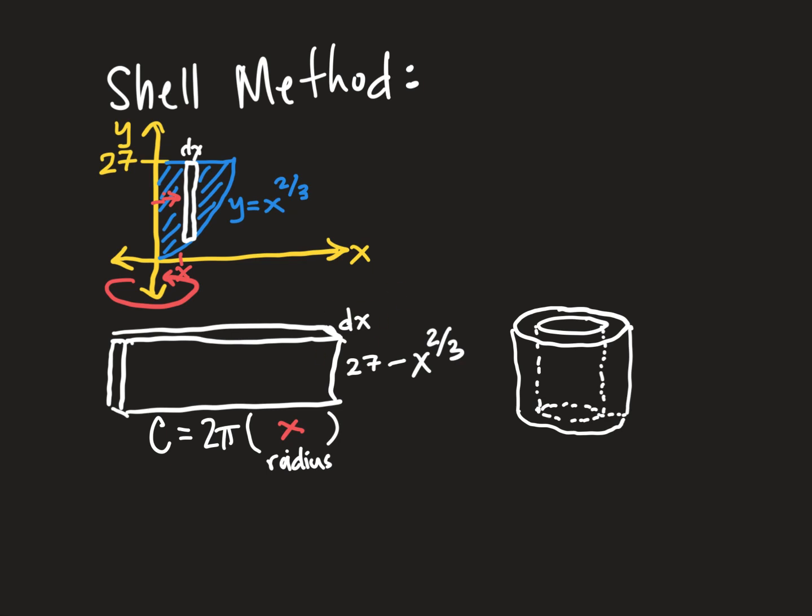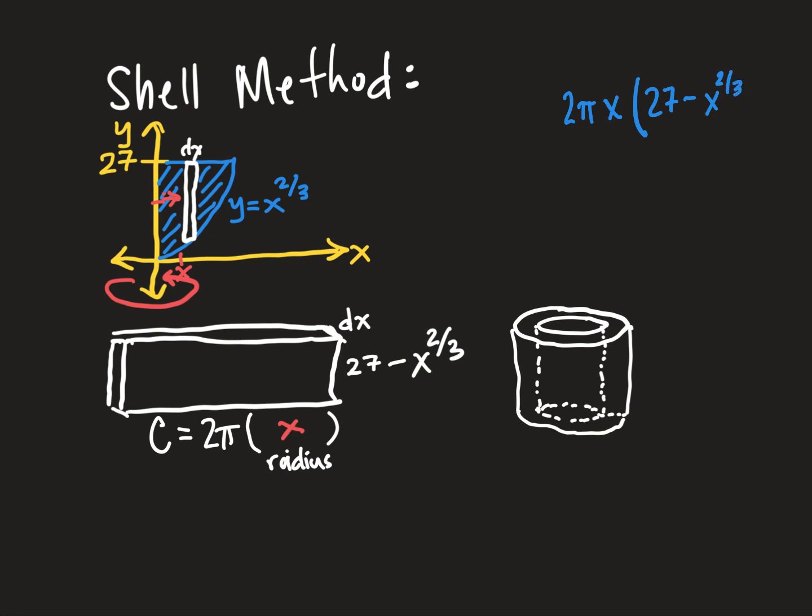Okay, let's set up this volume by multiplying these three things together, so to speak. So I have 2 pi times x times the height of that, 27 minus x to the 2/3.